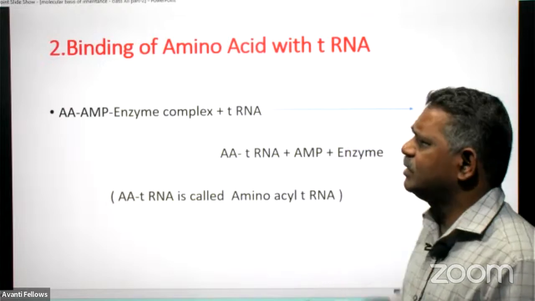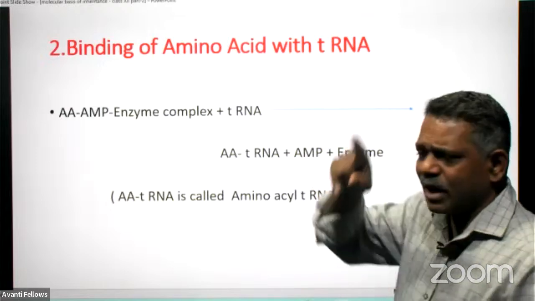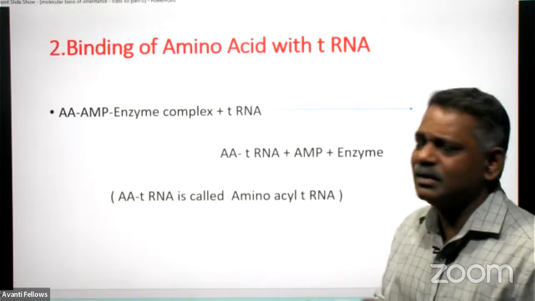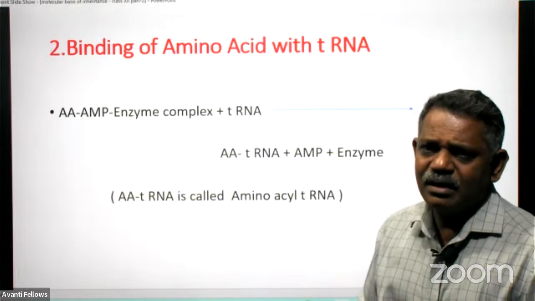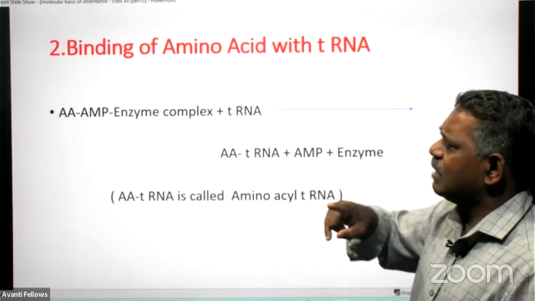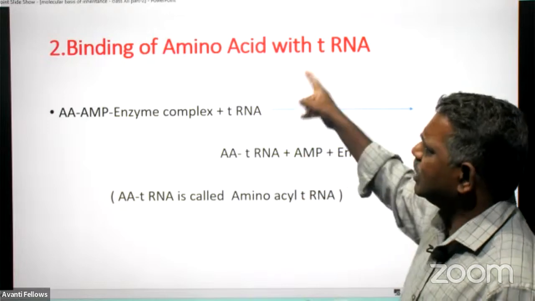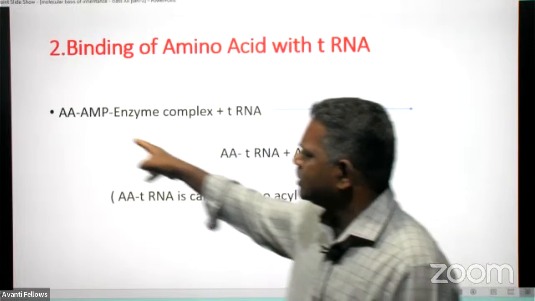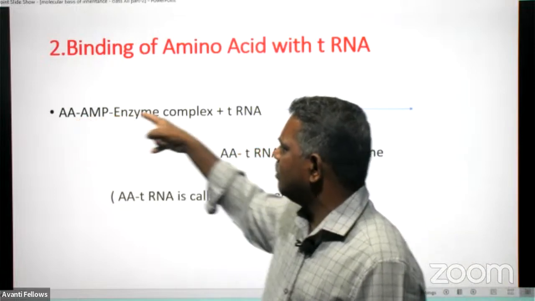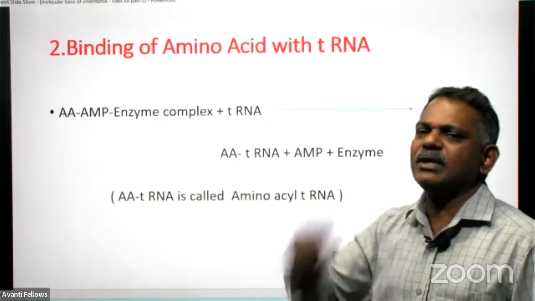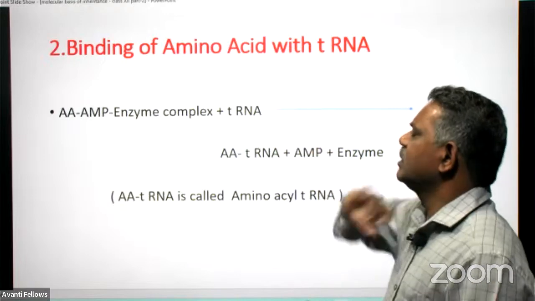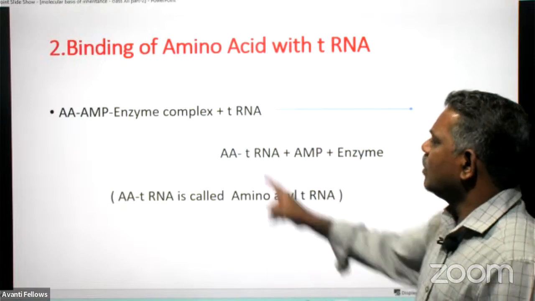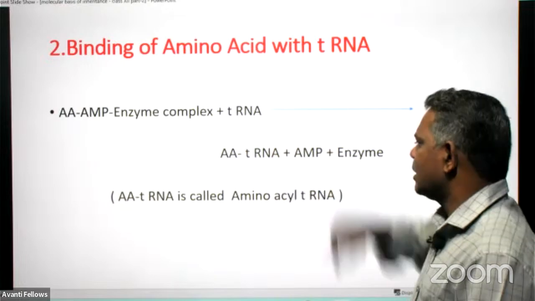Remember that the structure of the tRNA has the amino acid binding site at the 3' end. The activated amino acid, which is nothing but the amino acyl AMP enzyme complex, binds with the tRNA to form amino acid tRNA.